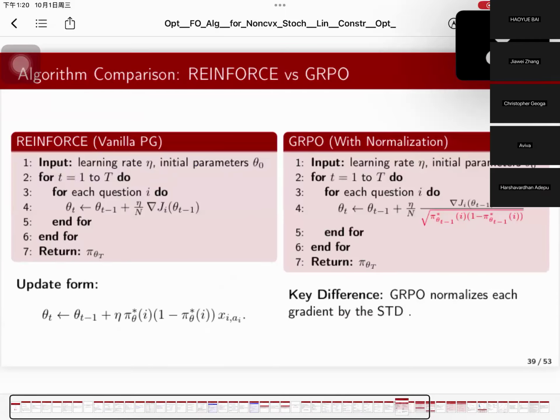So return to this algorithm. Remember that the step size is normalized by the variance. Also, this variance is closely related to the Lipschitz smoothness constant. So this means GRPO is actually an adaptive algorithm, normalizing the step size using the Lipschitz smoothness constant, I mean, taking the inverse of the Lipschitz smoothness constant.